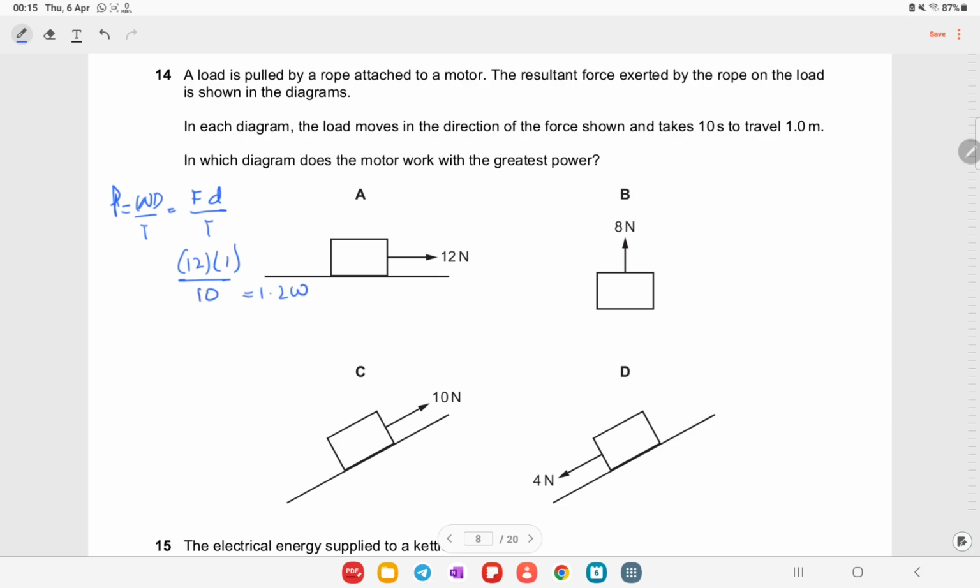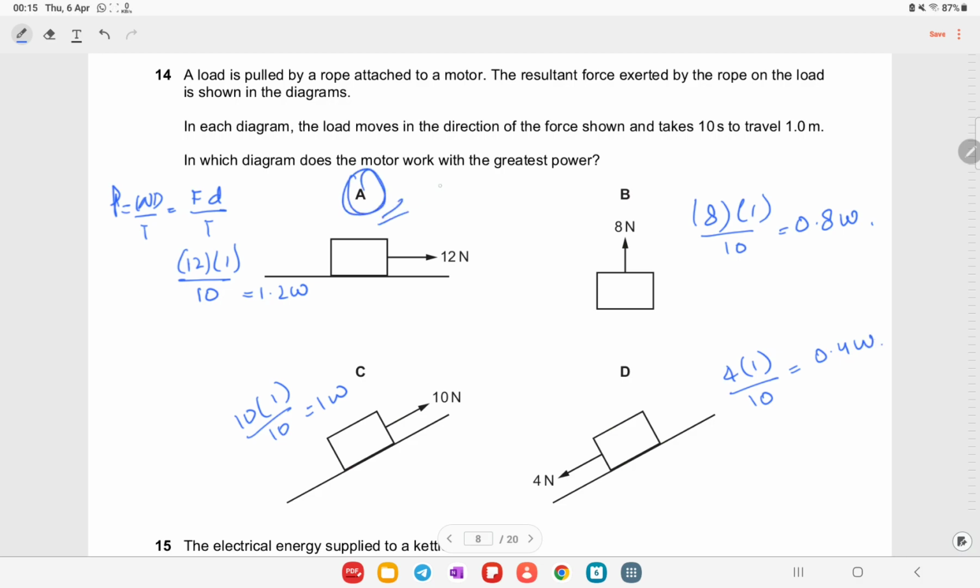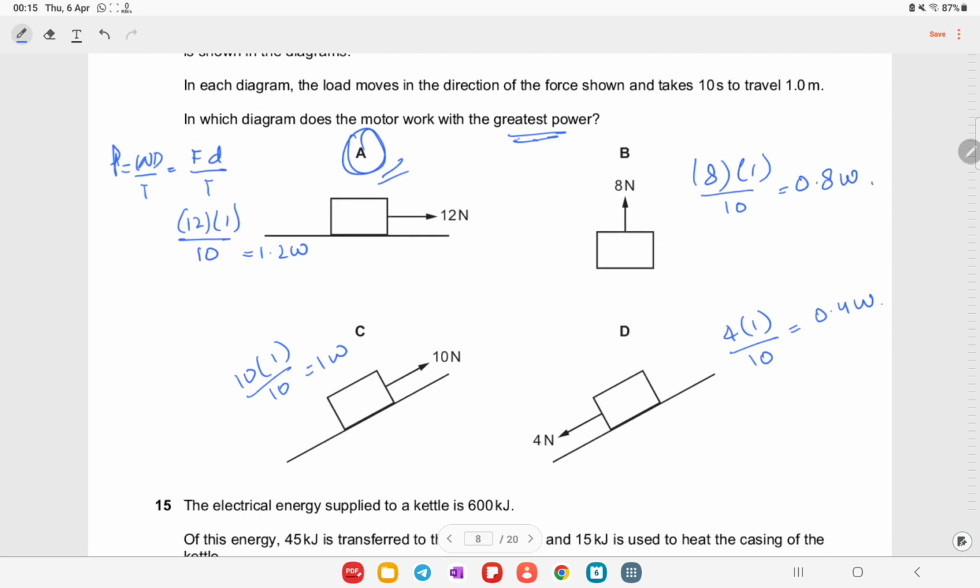This is for A. Similarly, you are going to do it for part B. So 8 times 1 divided by 10, which is going to be 0.8 watts. 10 times 1 divided by 10 is equal to 1 watt, and this one is 4 times 1, 1 meter is the distance, and 10 is the time, so it's going to be 0.4 watts. So the answer would be A for greatest power.